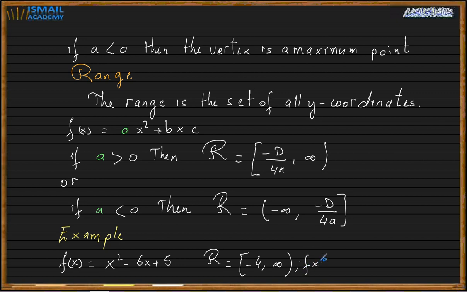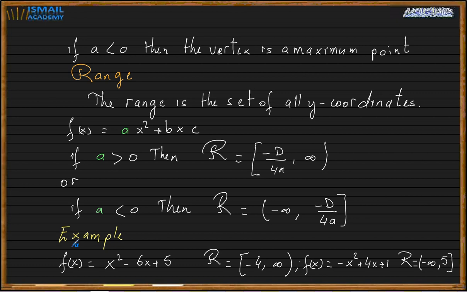And if I have a function defined by minus x squared plus 4x plus 1, my range will be of that type, minus infinite, 5. Those are two examples that show you either we have that type of range or that type of range, depending on the sign of the leading coefficient a. So this is about the range.